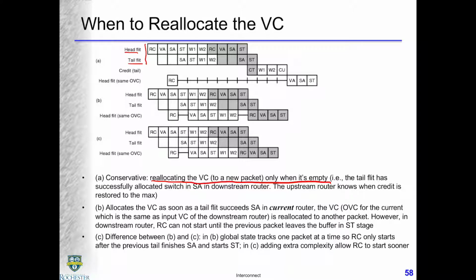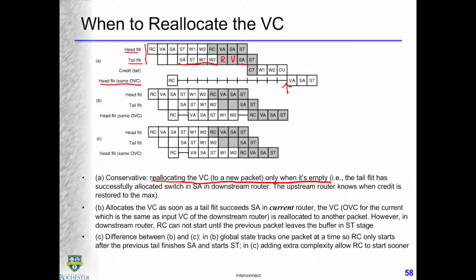Okay, and this is the head flit of the next packet. The conservative approach would be to say, no, I'm holding on, even though we may have credit, we're not doing anything until here. Where is here? This is when the tail flit has arrived at the destination. It didn't have to go through RC or VA, but we just put it in there to tell you the timing.